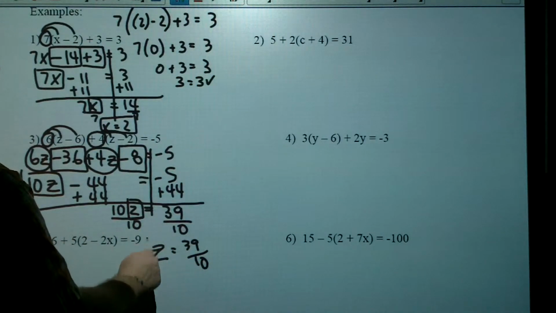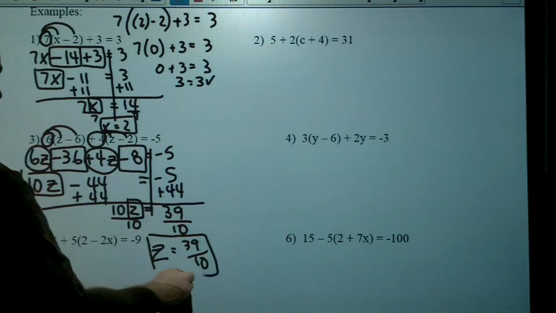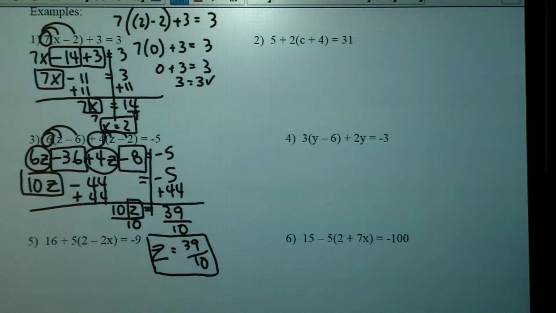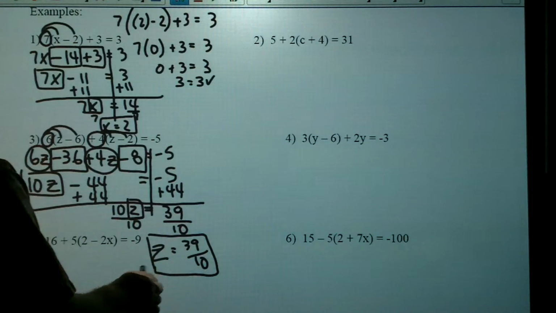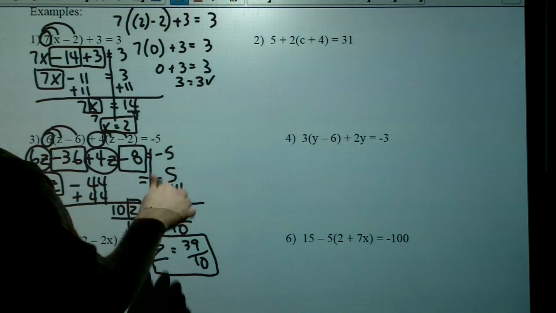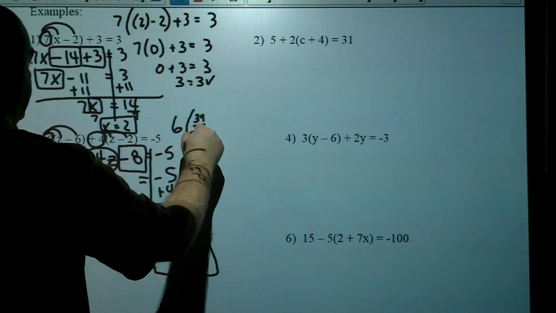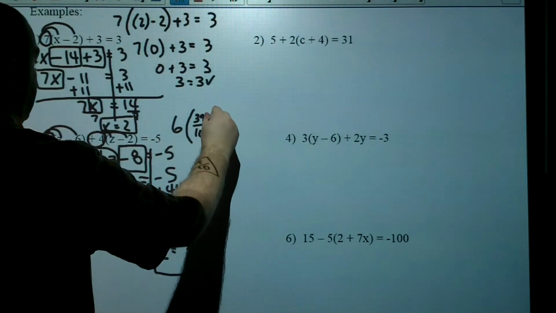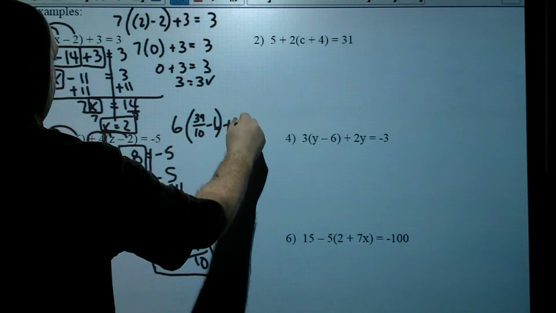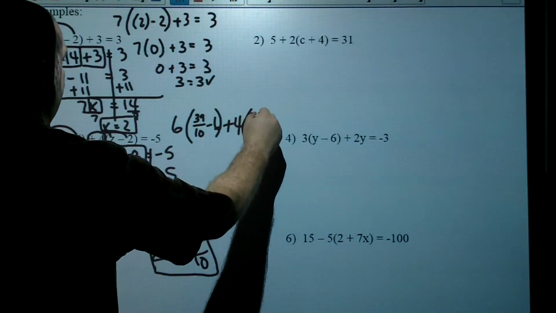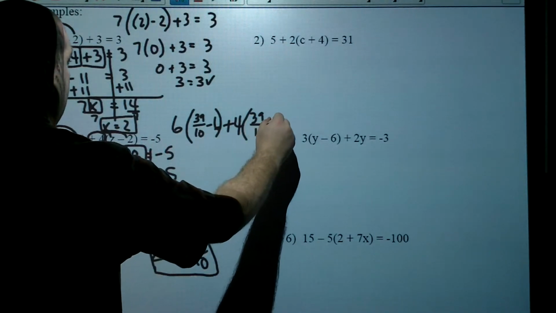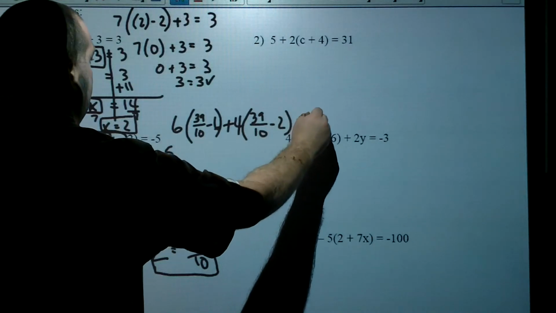I'm going to leave it as an improper fraction so that I can check it easier. To check this, we're going to plug in 39 over 10 for every place where there's a z. So 6 times 39 over 10 minus 6 plus 4 times 39 over 10 minus 2 is negative 5.